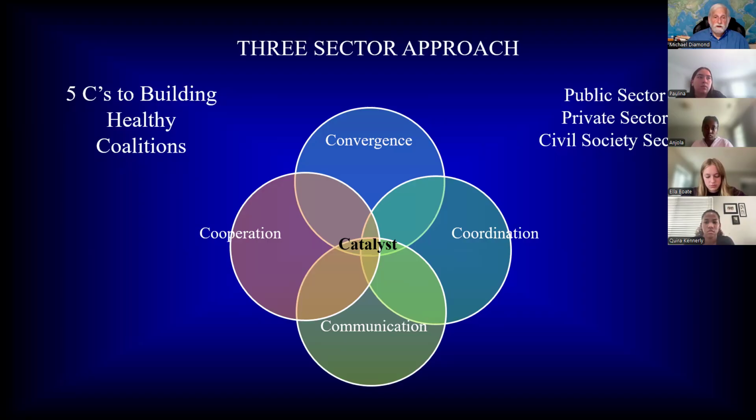The Centers for Disease Control is another governmental, but it's a national governmental organization, as is our Department of Health and Human Services. And at the local level, we have the Evanston Department of Public Health, we have the Cook County Department of Public Health, and we have the Illinois Department of Public Health. So there are a lot of these governmental institutions.